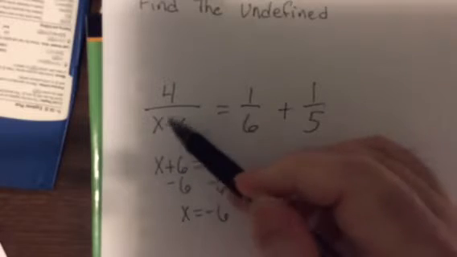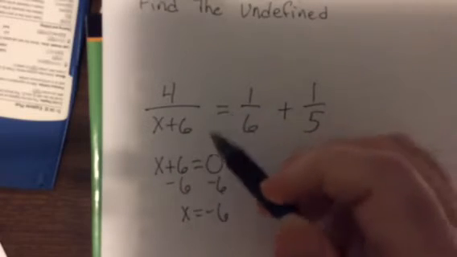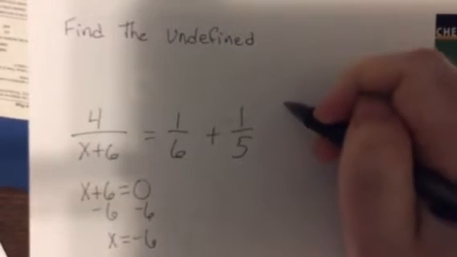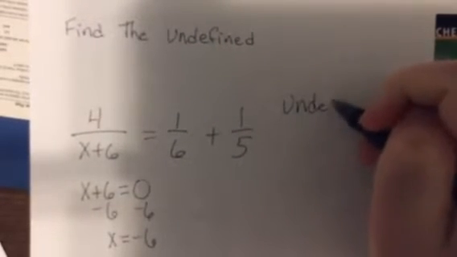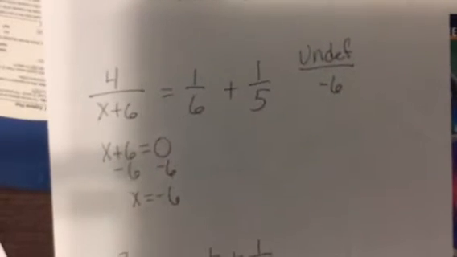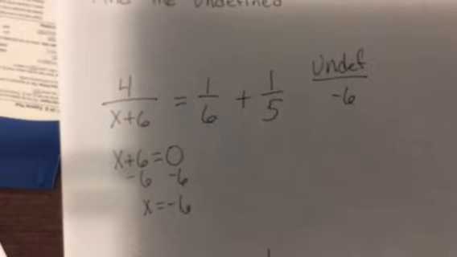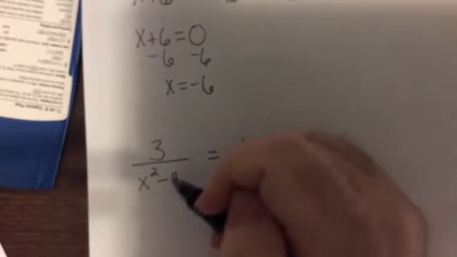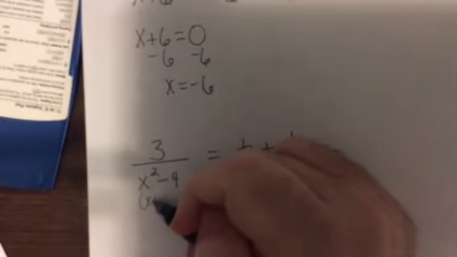Some of us have trouble with numbers, so write it out. So negative 6 would be my undefined. I would have to mark somewhere that my undefined is negative 6. So if negative 6 was my answer for x, I'd have to cross it out. We can't use it. Or it's a restriction. Don't use it. So for this one, first thing I want to do is factor.